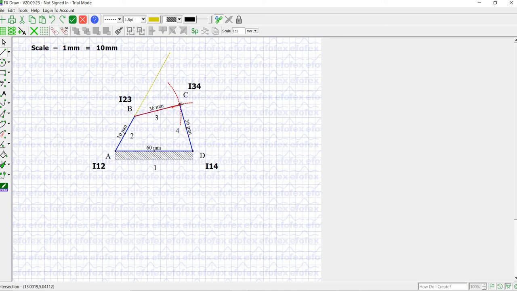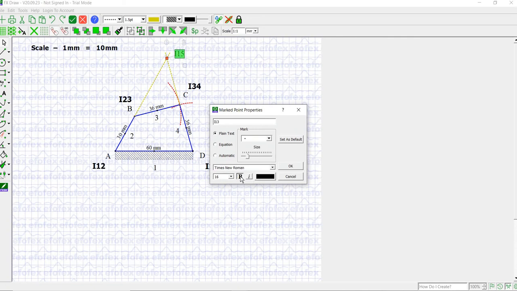So again we'll draw a line. This is the meeting point, and that intersection point will be our I13. So this is I13.